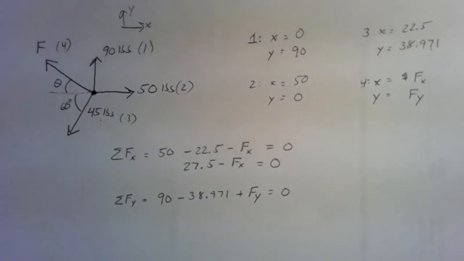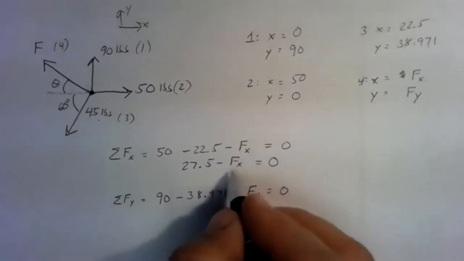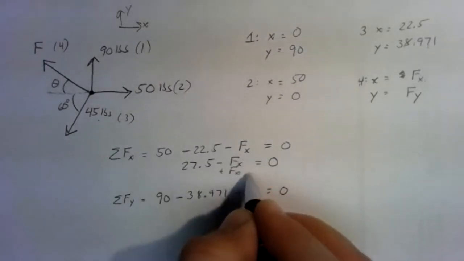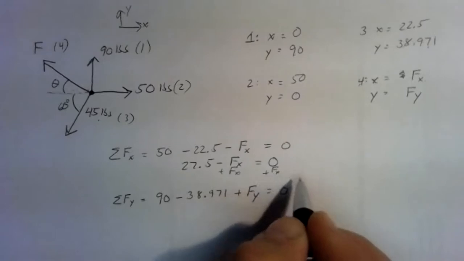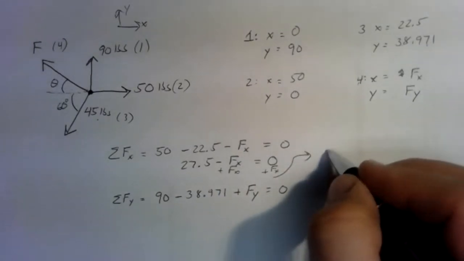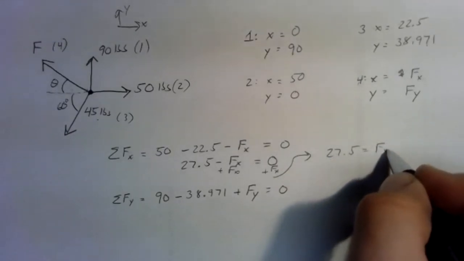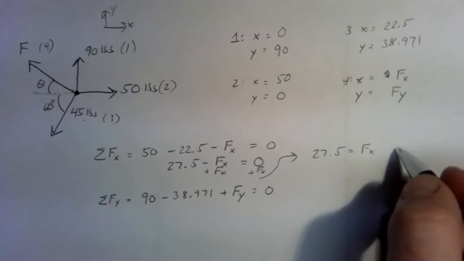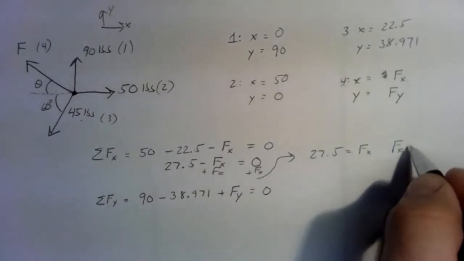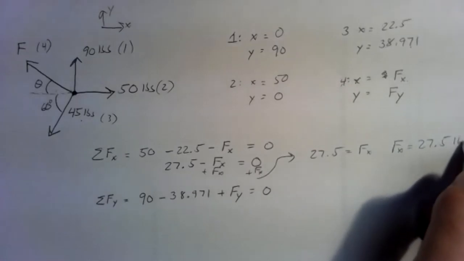So be really careful with your algebra on these. Well, here I get 27.5 minus Fx. I'm going to add Fx to both sides, and that'll give me, writing it up here, 27.5 equals Fx, or flipped around, same thing, Fx equals 27.5, and that's pounds.